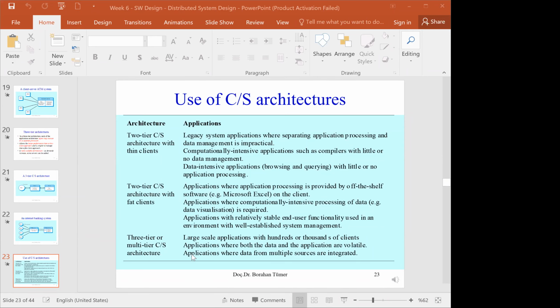The last line is applications where data from multiple sources are integrated. Again, three-tier architecture is a fine architecture to use.